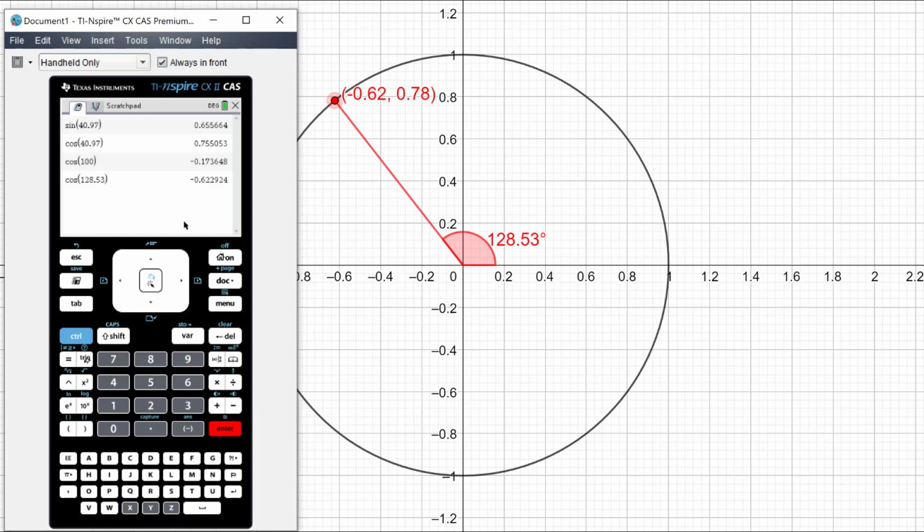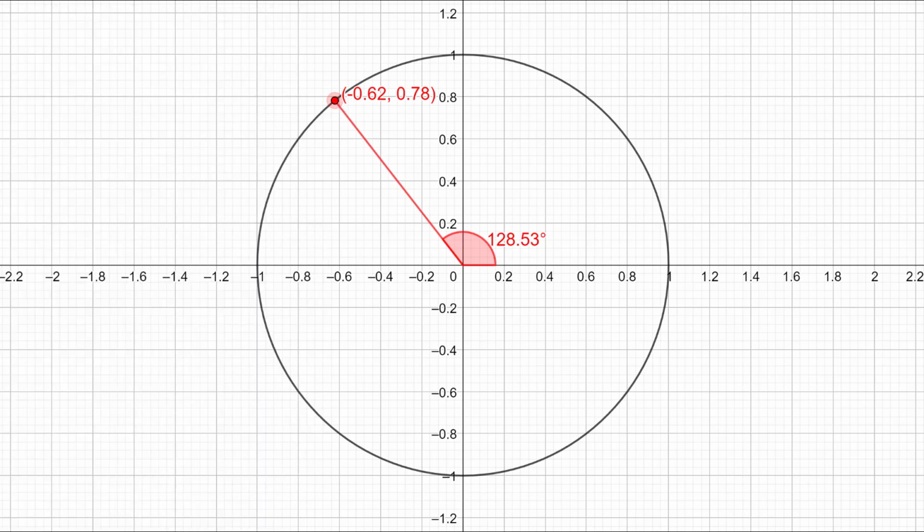Sine, however, around here, because it's y-coordinates and the y-coordinates in the second quadrant are positive, and we'll talk more about this in the next video, sine at this value, it's not sine of 0.78, let's delete that. Sine at 128.53, I wrote 56, sorry, close enough, is also 0.78.